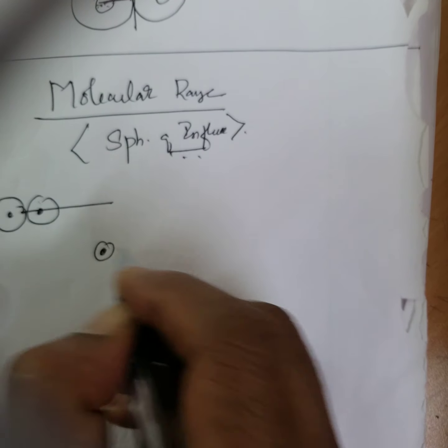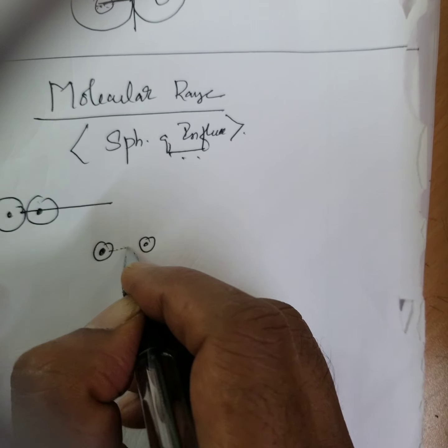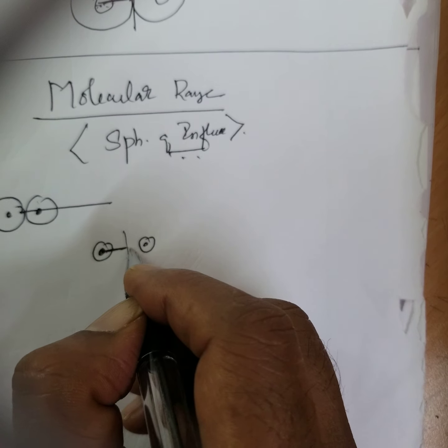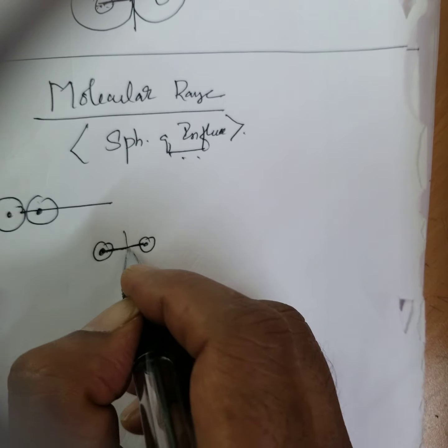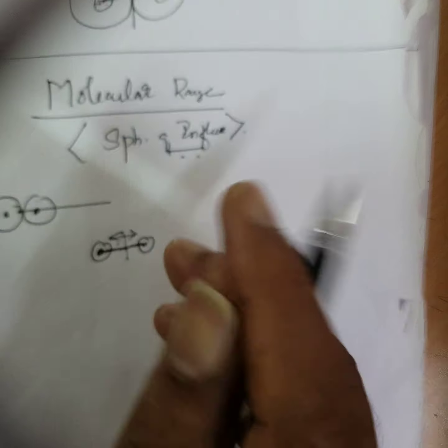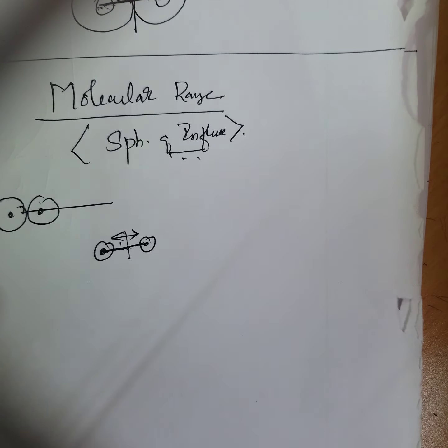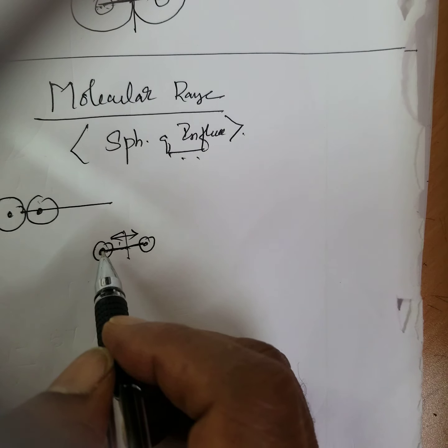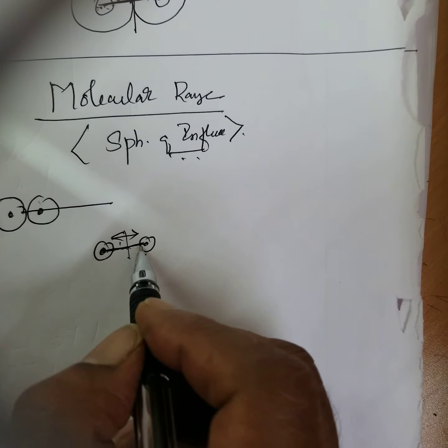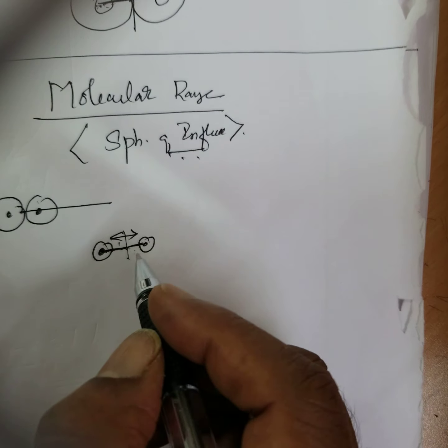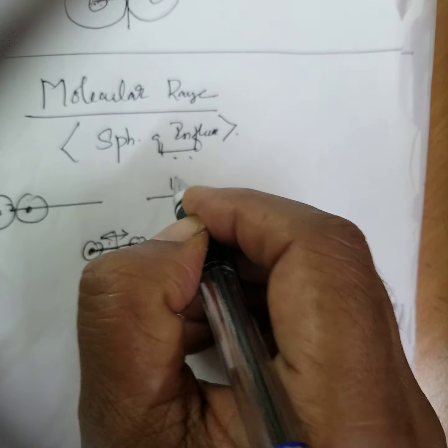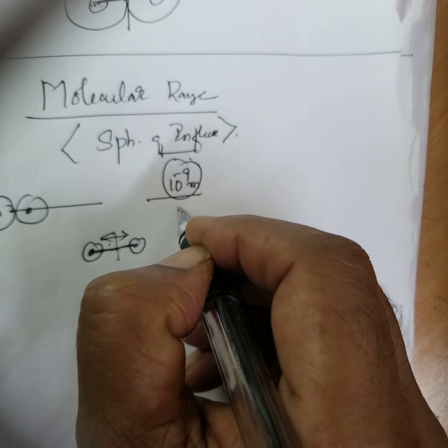This is one molecule, this is another molecule. What is the maximum distance the molecules can have so that they attract each other? The maximum distance up to which a force of cohesion between two molecules can act is called molecular range. This range is in the order of 10 to the power of minus 9 meter, nanometer.